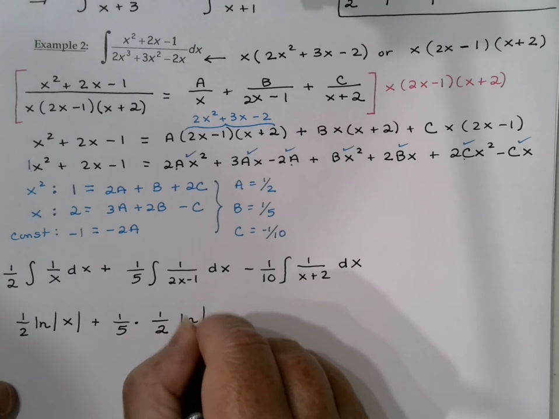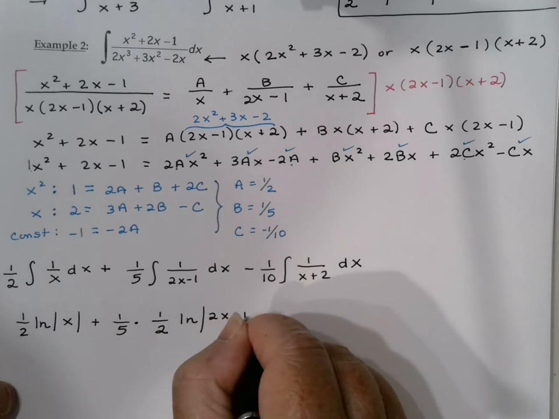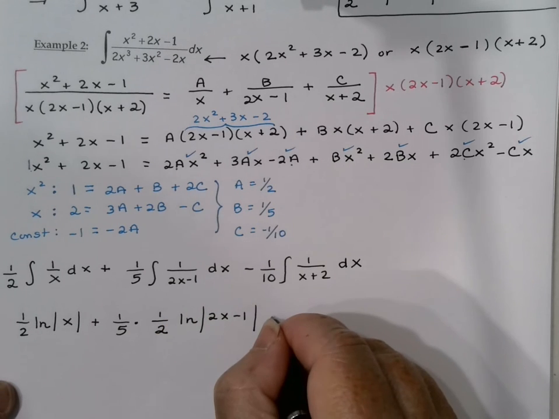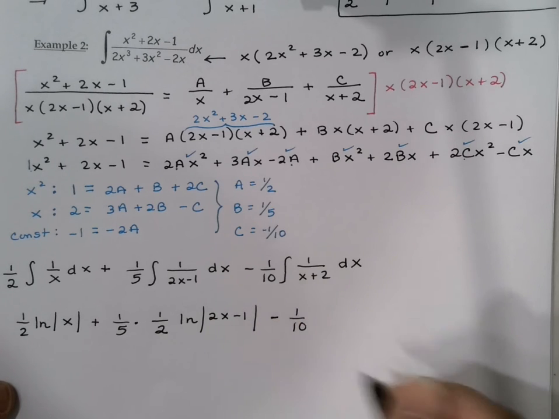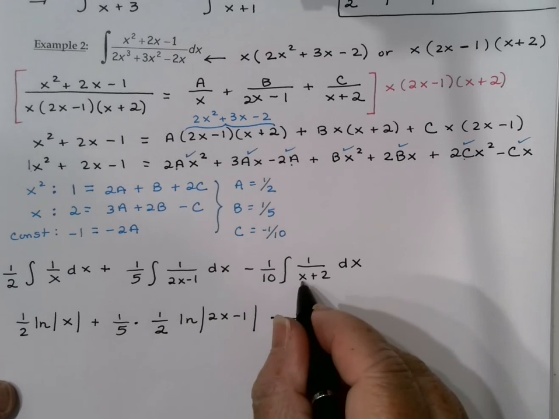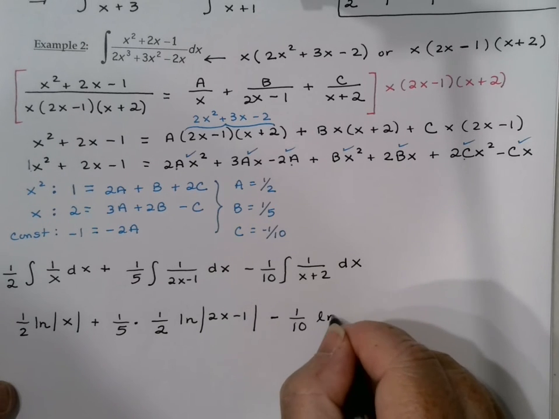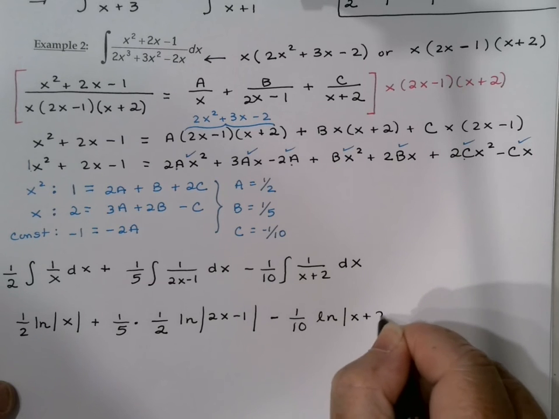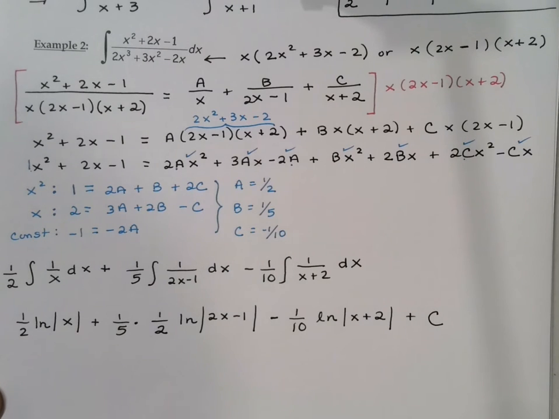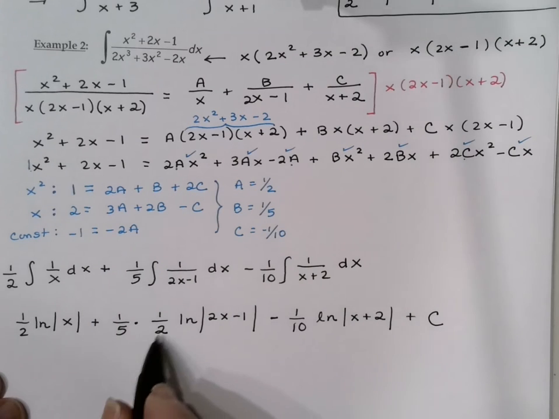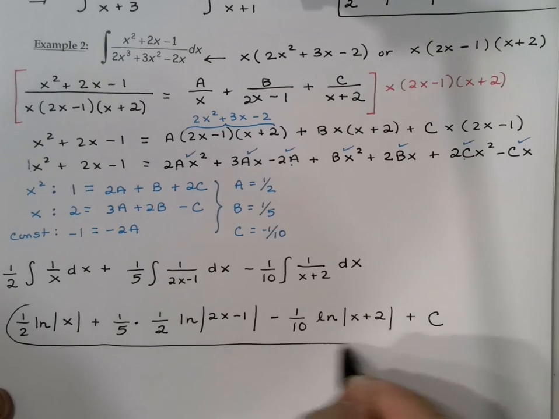And then I can have the natural log of 2x minus 1. And then I've got minus 1/10. And here the derivative is just 1, so no compensation, just the natural log of x plus 2, plus c. There really isn't a whole lot to do here. I'll show you one small algebra trick. Again, other than maybe making that a 1/10, this would be pretty much a fine final answer as far as I'm concerned.